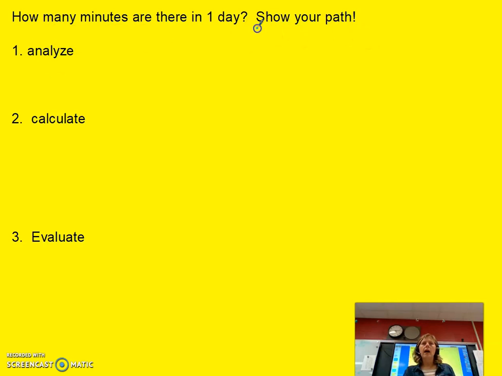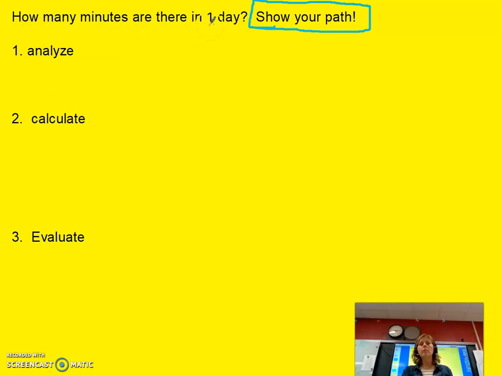I would like you to show your path with these, meaning where are you starting? What conversion factors are you going to go through to get to that final answer? And that's what we're going to concentrate on today too, showing how you show your path with these.